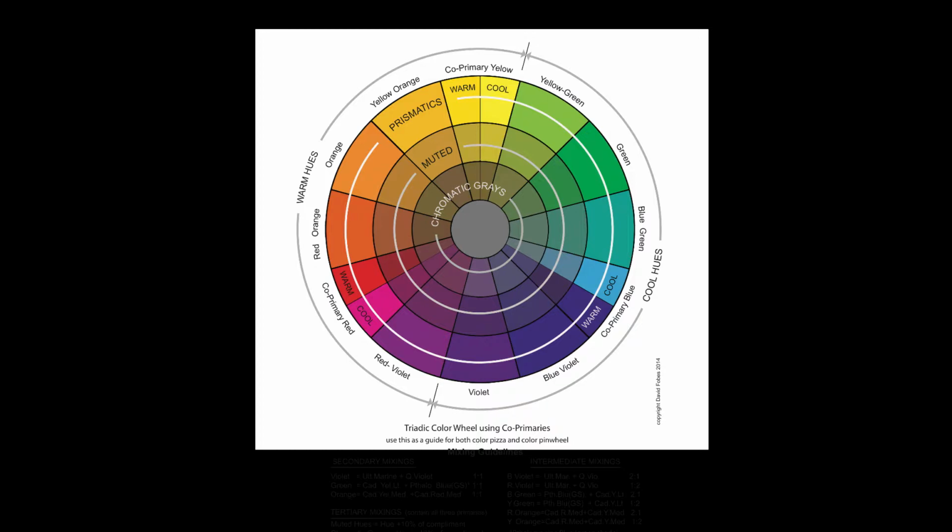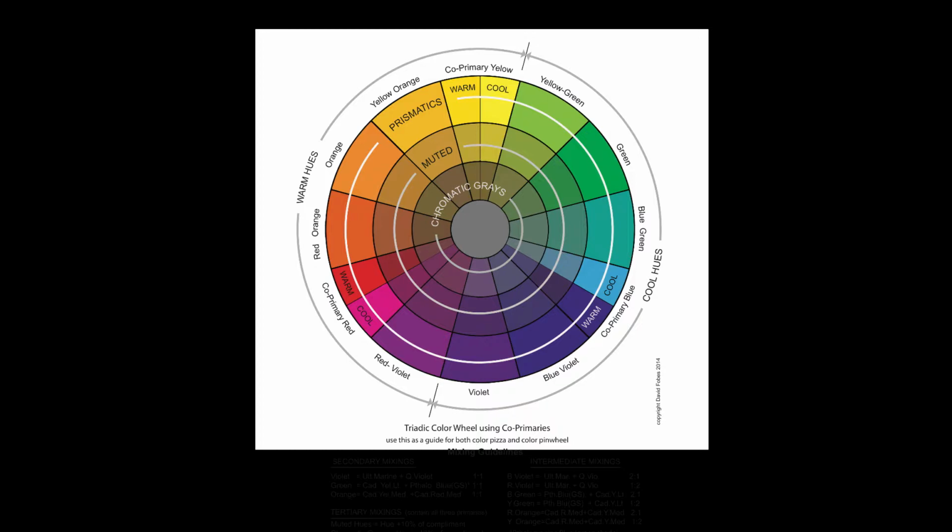Now the other thing you'll see is that for the primaries there are what are called warm and cool primaries. If you're painting in RYB, you cannot mix a good violet using just a warm red and mix that with a cool blue. You'll get mud.